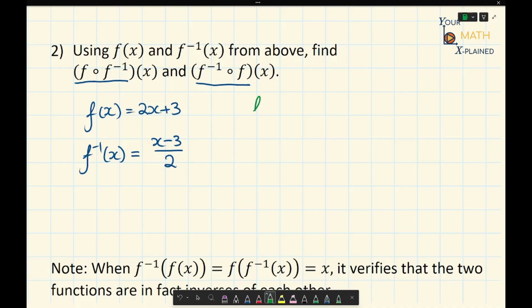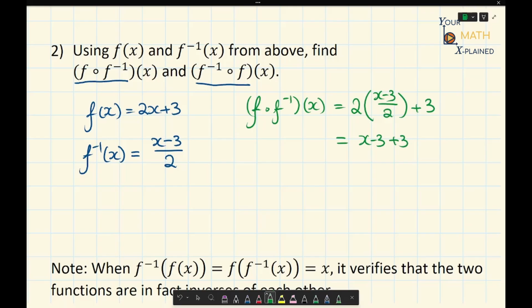Now, to find f of f inverse of x, what we need to do is put the function f inverse into our function f, meaning this is going to be 2 times x minus 3 over 2 plus 3. And then we're going to simplify this, so this will be x minus 3 plus 3, which is equal to x.